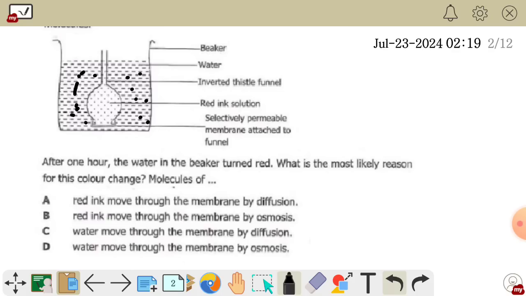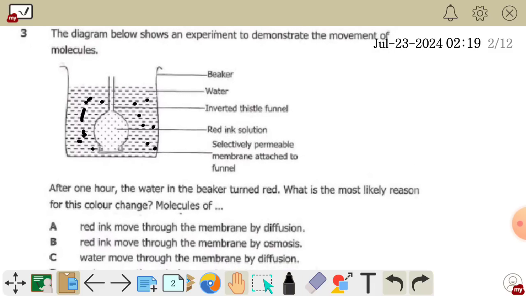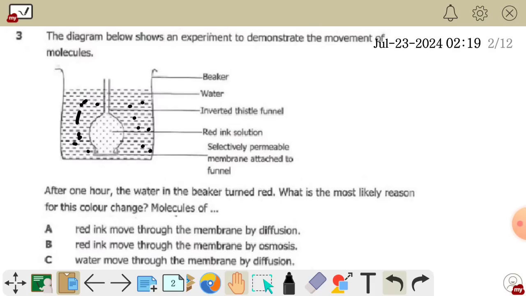Here the correct answer for question 3 is A. The red ink moves through the membrane from the higher concentration in the funnel to the water by diffusion.